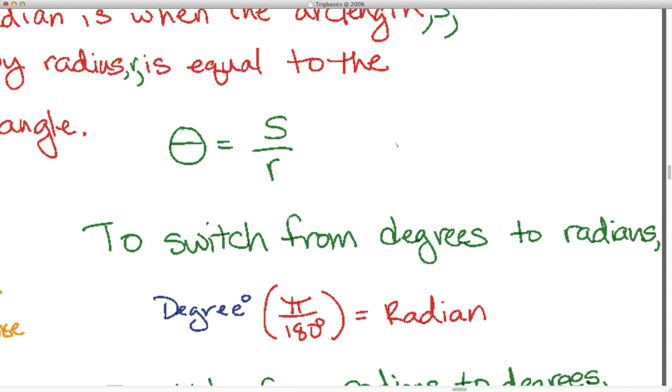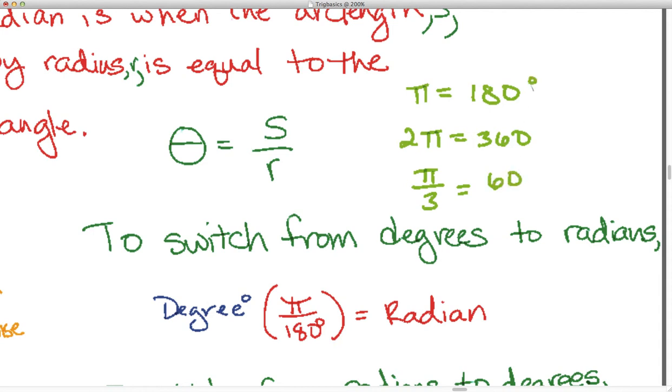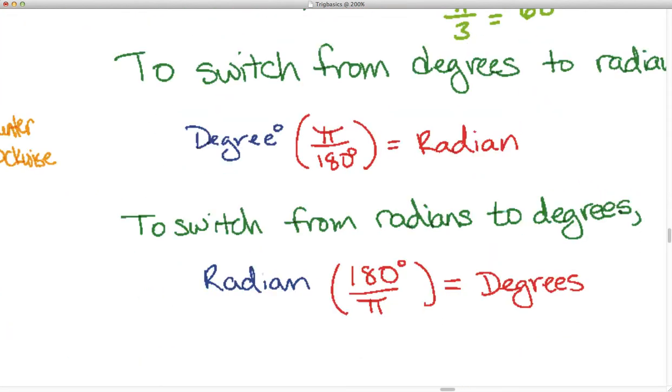And usually it's denoted by something pi, like 2 pi is equal to 360, or for instance pi is 180, or pi over 3 would be 60. How am I able to convert to degrees or convert to radians? Well, there are a couple little formulas that help you out with that.